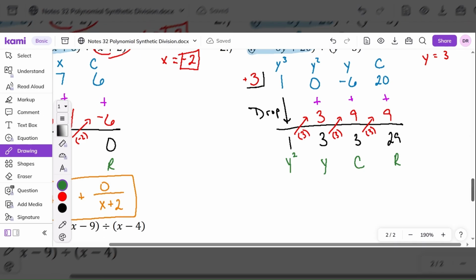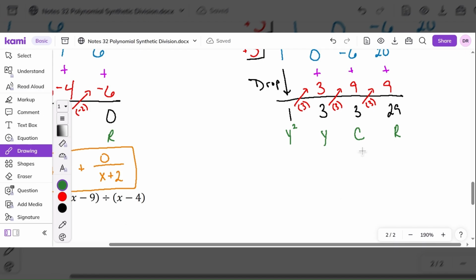To write that as a quotient polynomial, we can write that out. So we have, at the very beginning, that's 1y squared would be our quotient. So we have y squared. Then we have a positive 3 with our y, so plus 3y. Then we have a positive 3 for the constant, so we put plus 3. And then we add on the remainder.